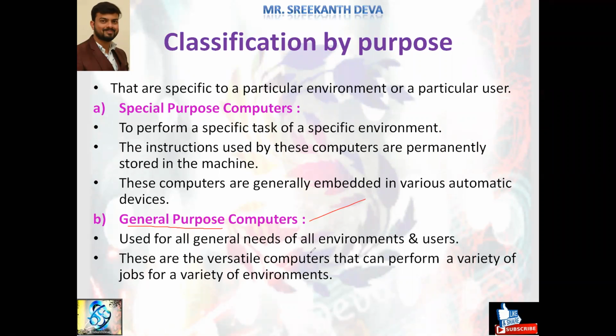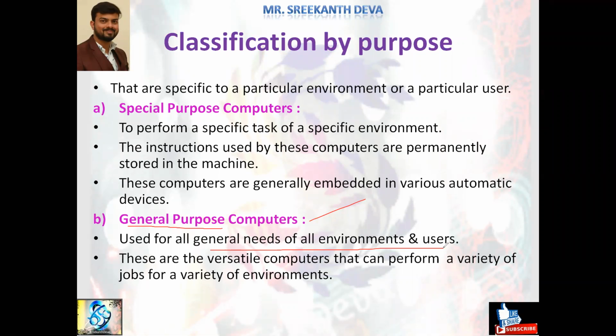That is the reason we say it is developed for the general needs of all environments and users. Obviously these computers are versatile, because they can do several kinds of jobs, not fixed to a particular job. They can perform a variety of jobs for a variety of environments.